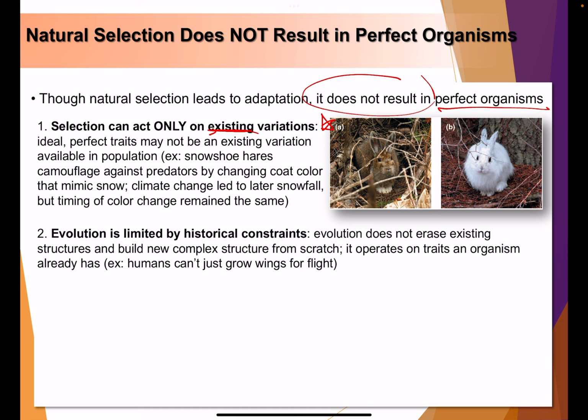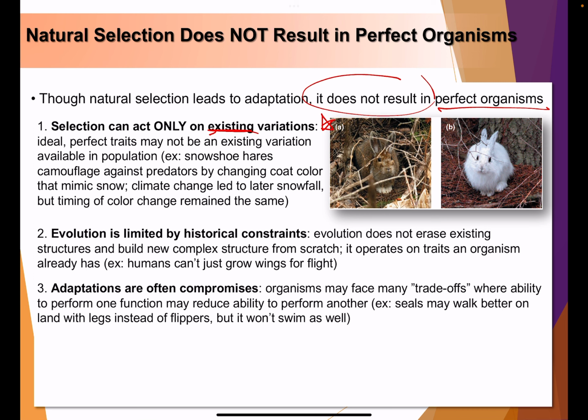We would have an advantage over a lot of things. But humans can't just grow wings all of a sudden, because that is not an existing structure or trait that we already have. We cannot erase the arm bones and redesign them to look like wings. That's not how it works.